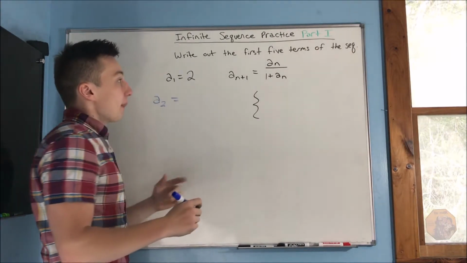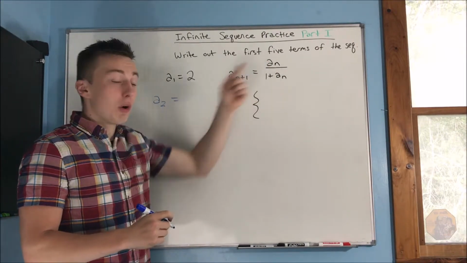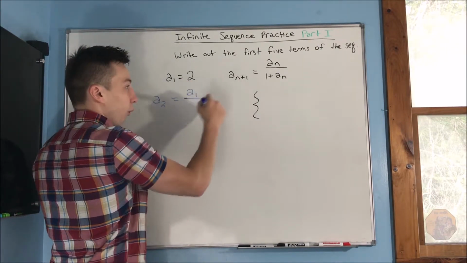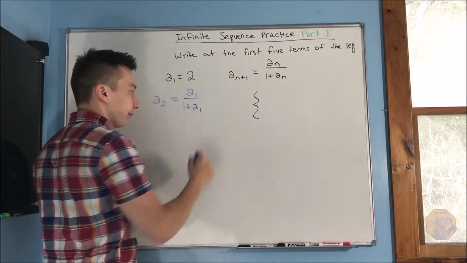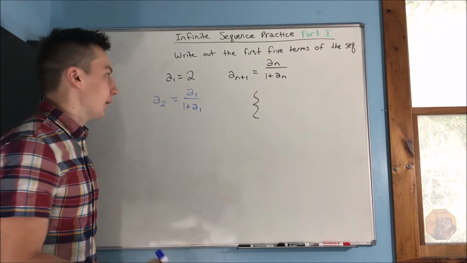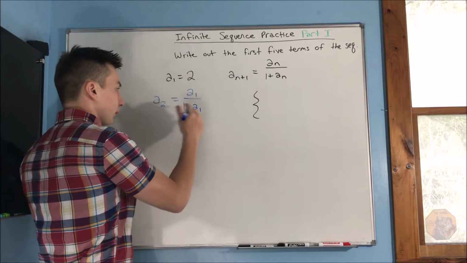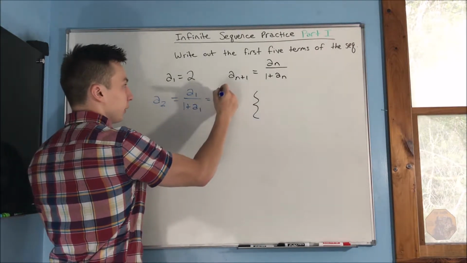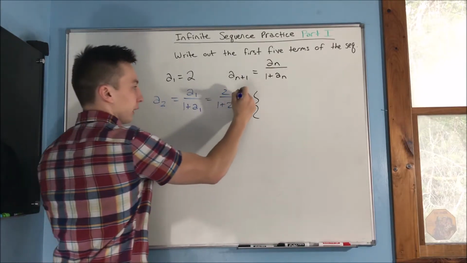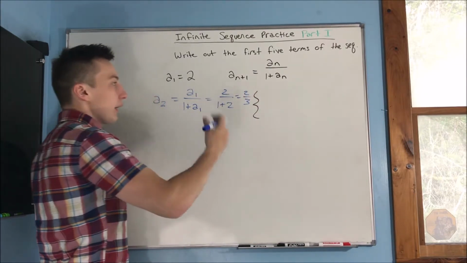Now remember, this isn't going to be a sub 2 because we plugged in a 1 for n. So we get a sub 1 over 1 plus a sub 1. These are another type of formula that you might see. When you plug in, you just get 2 over 1 plus 2, which is 2 over 3. And that just goes on and on.